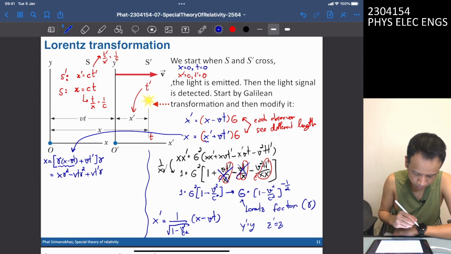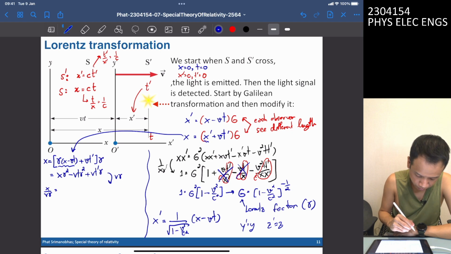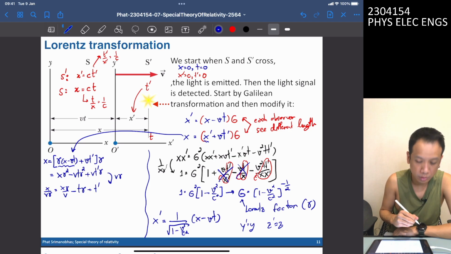And then we divide all the equations by v gamma, so we get x over v gamma. Divided by v gamma, we get x gamma over v minus t gamma, plus t prime.